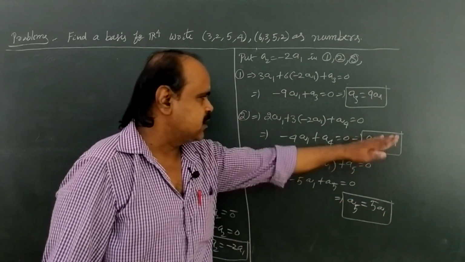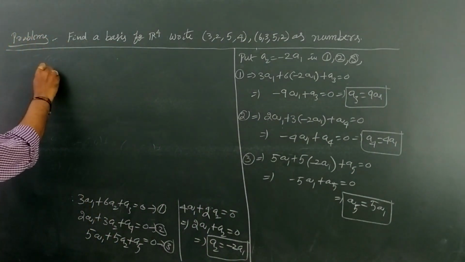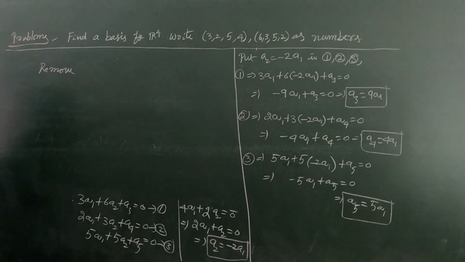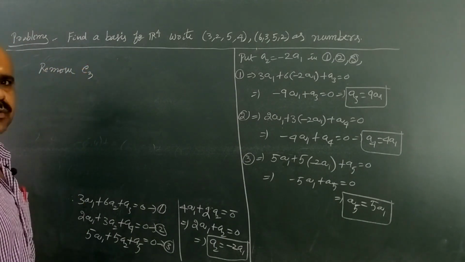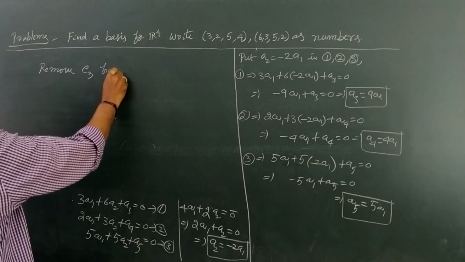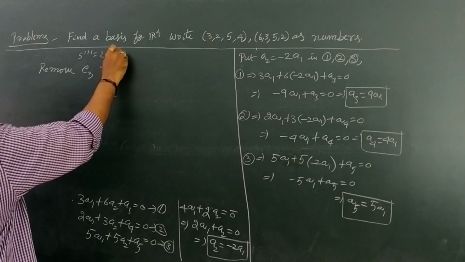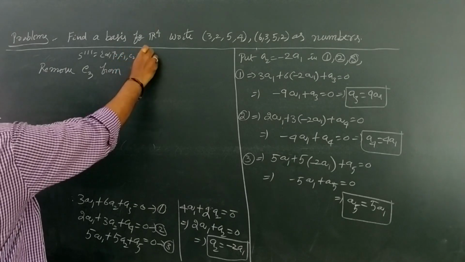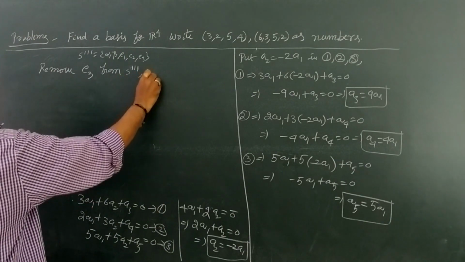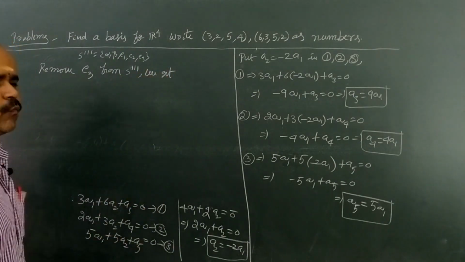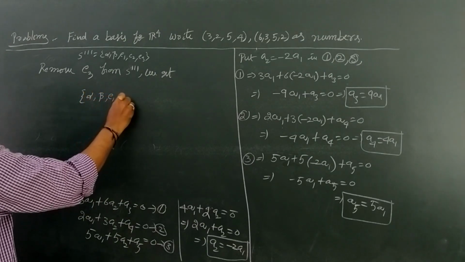Therefore, remove the last vector of S double dash, which is E3. We already have S triple dash equal to alpha, beta, E1, E2, E3. Now remove E3 from S triple dash, and we get the set alpha, beta, E1, E2.